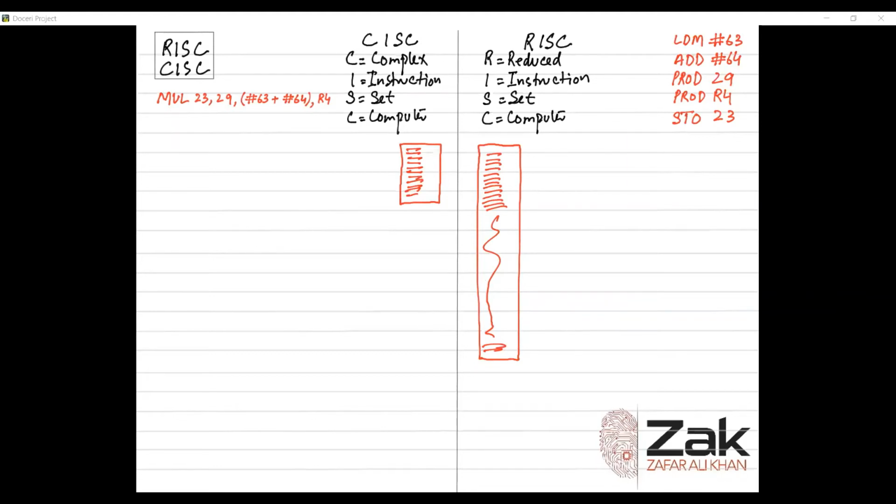It's up to the programmer, because these are two philosophies. We tend to look at things from our own perspective. So a few of the programmers are in favor of CISC and a few are in favor of RISC.